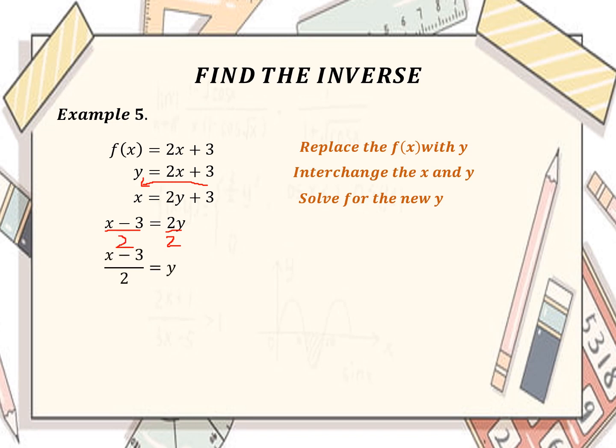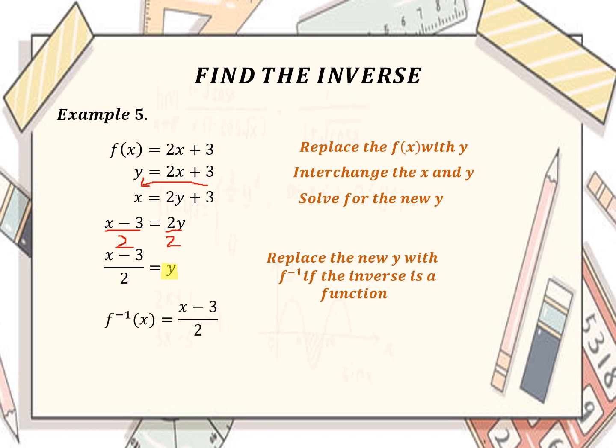Ang matitira na lang is (x minus 3) over 2 is equal to y. Now, let's replace the y with the symbol of inverse. So, ang ating magiging final answer is f inverse of x is equal to (x minus 3) over 2.